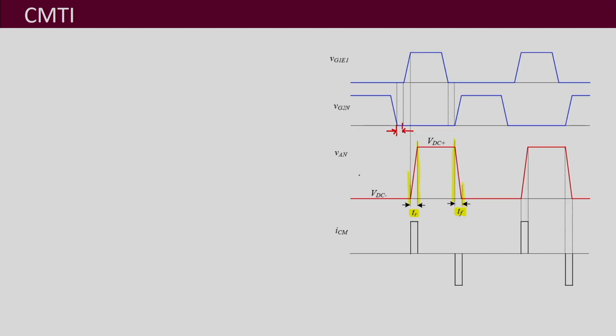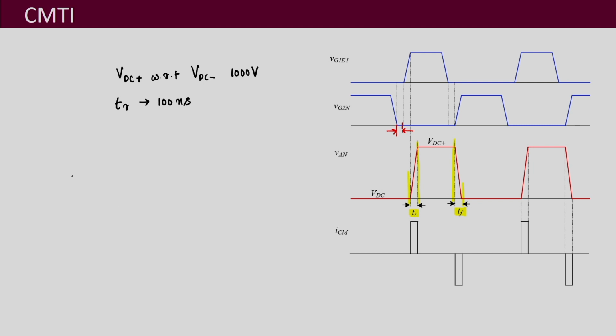Now, for this case, what we had taken, let us say your VDC plus with respect to your VDC minus was 1000 volt, and your TR or TF was equal to 100 nanoseconds.